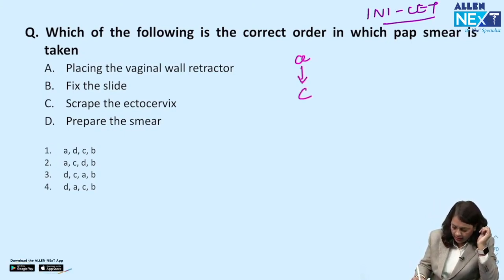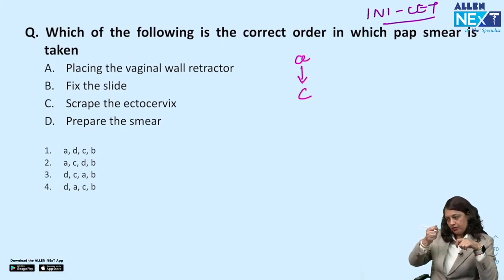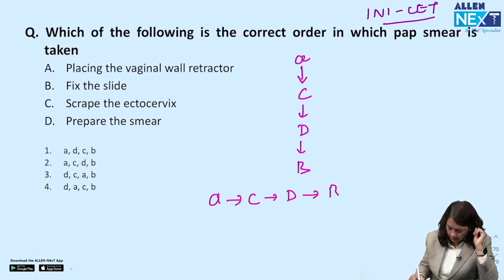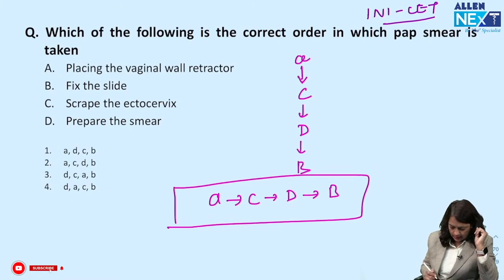You take a scraping from the ectocervix and from the squamocolumnar junction. Then prepare the slide and then fix the slide. So the answer is A, C, D and B. This is the correct answer.